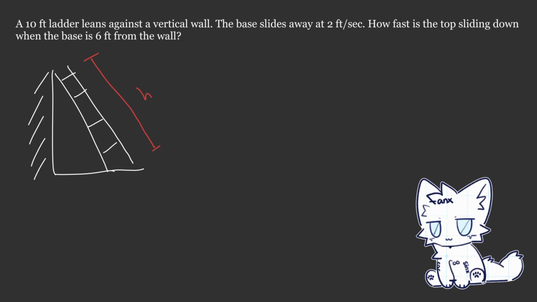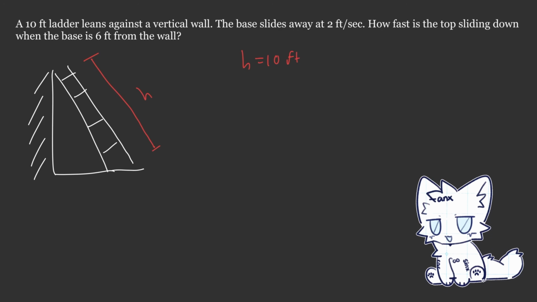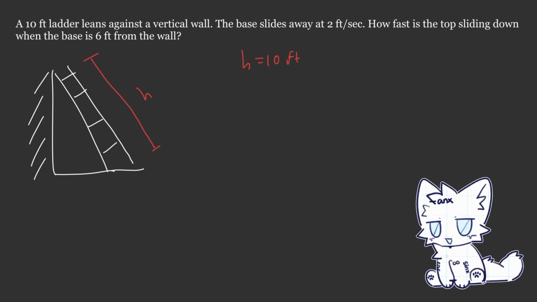The base slides away at a rate of 2 feet per second. So, how fast is the top sliding down when the base is 6 feet away from the wall?